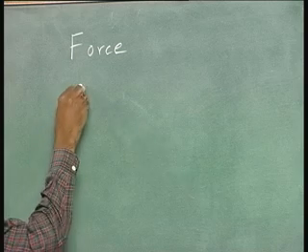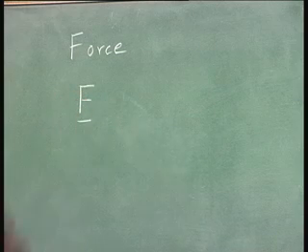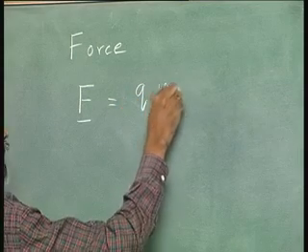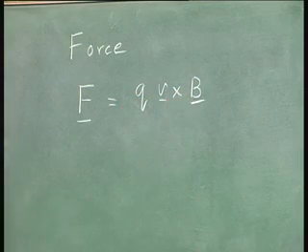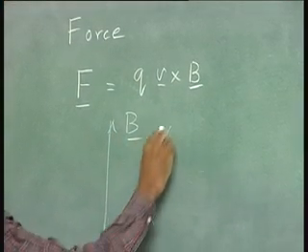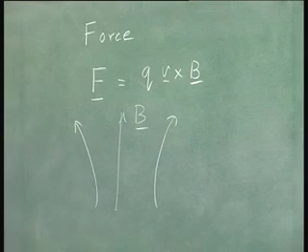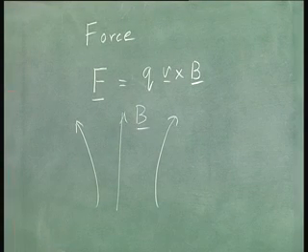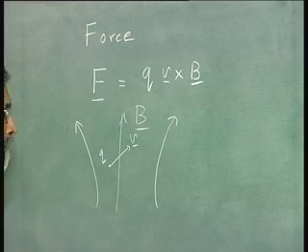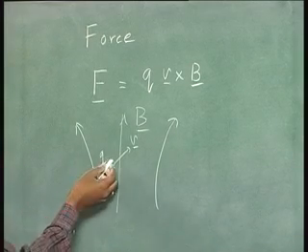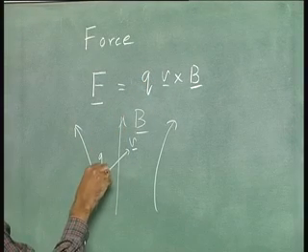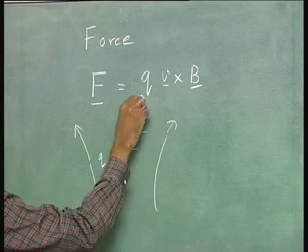And the answer for that was that if you calculate B, then the force due to that B is equal to Q V cross B. That is, if I have a magnetic field, it is in some general direction, and I have a charge Q, and the charge is moving with a velocity v, then I take that velocity, cross this magnetic field, and I will come out with a force F, which is q v cross B.